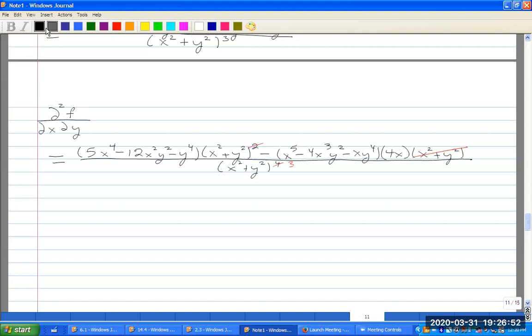That'll give me a cube in the bottom. Multiply everything here by x^2: 5x^6 minus 12x^4y^2 minus x^2y^4. Plus, multiply everything by y^2: 5x^4y^2 minus 12x^2y^4 minus y^6.